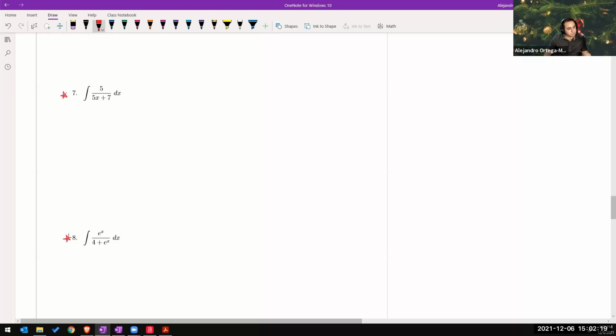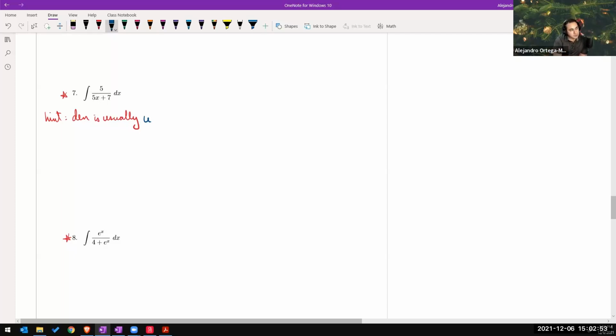For this one, we have the integral of 5 over 5x plus 7. I'll just put a hint: denominator is usually the u. And again, guys, I mean usually, not 100% of the time, but pretty frequently.